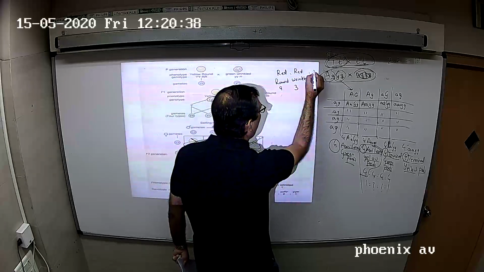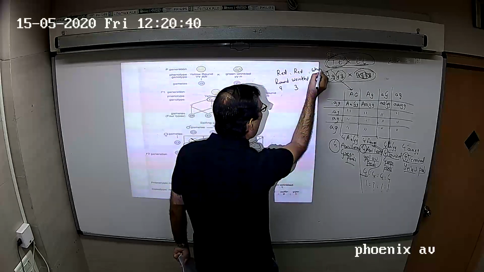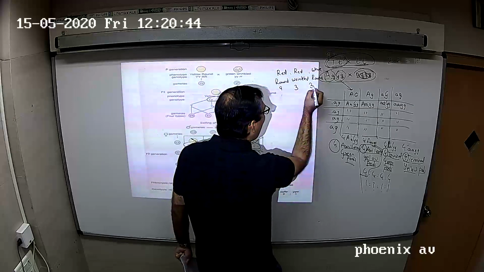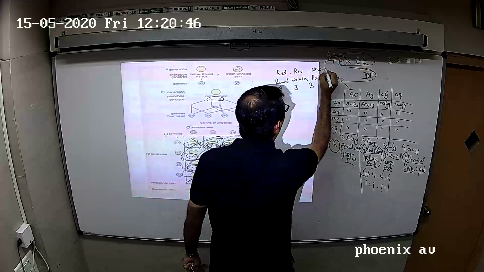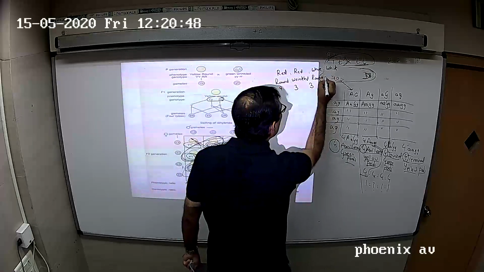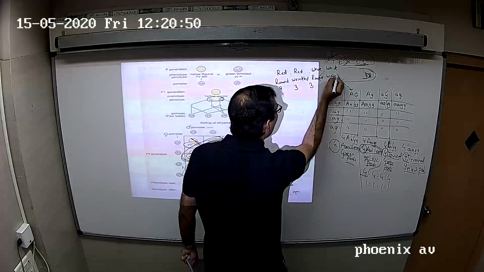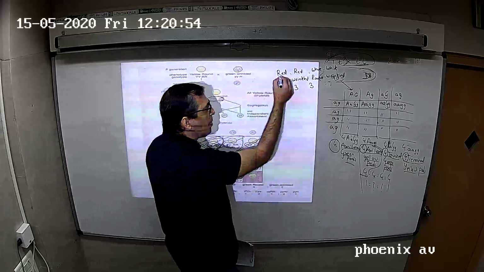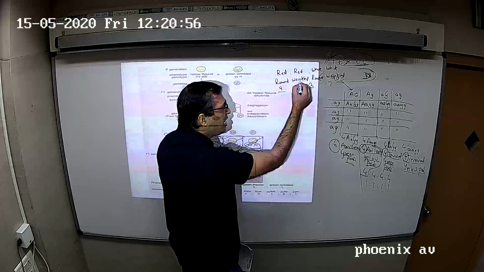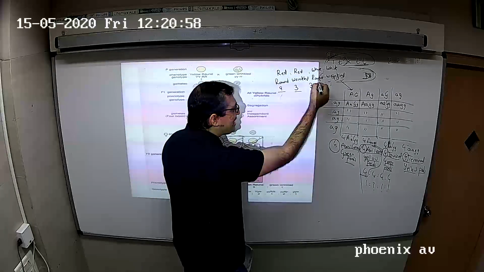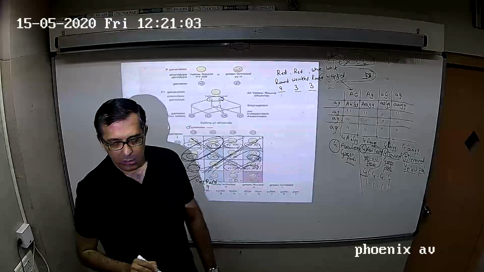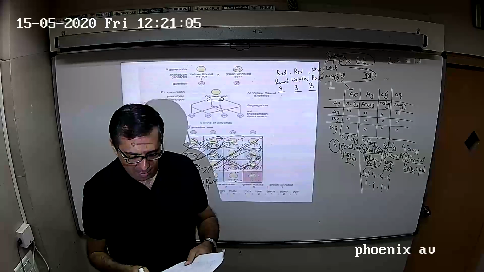How many will be white and round? That will be 3. And how many will be white and wrinkled? White and wrinkled will be 1. So dominant 9, dominant recessive 3, recessive dominant 3, recessive 1. That is your F2 generation phenotypic ratio.